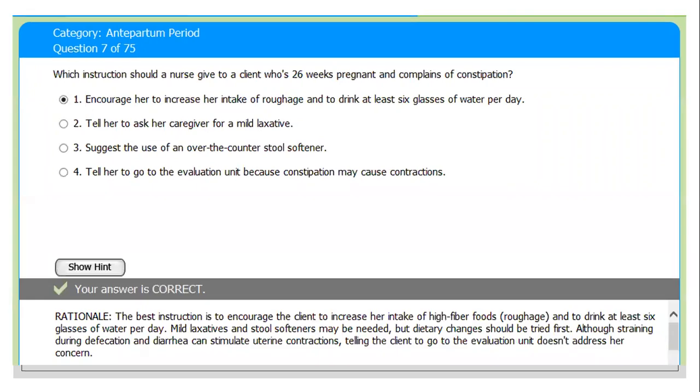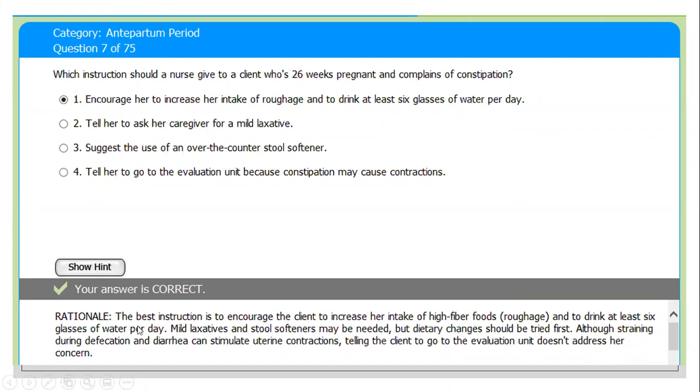So what is the best option? Encouraging her to increase intake of fluids and fiber-containing food, and also at least 6 glasses of water. As a healthcare provider, we always try to manage the patient non-pharmacologically. If it does not work, go for pharmacological management.